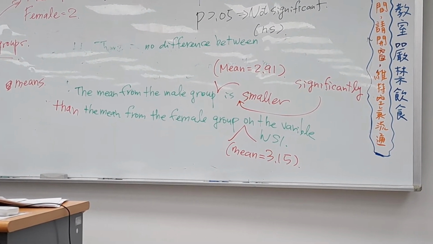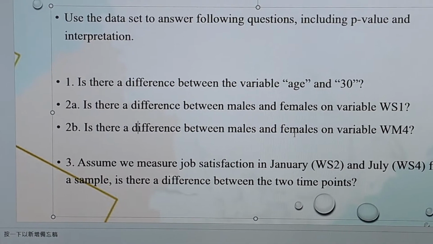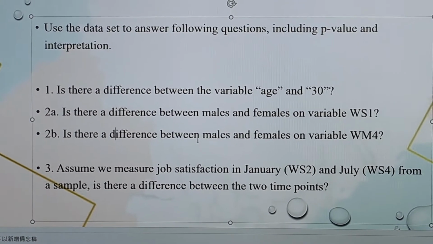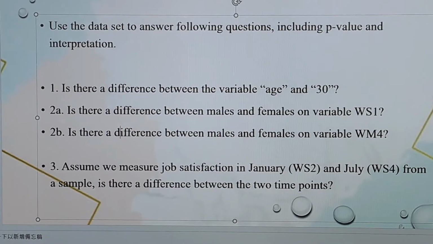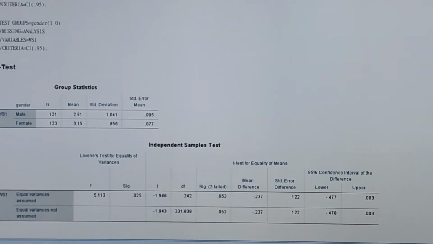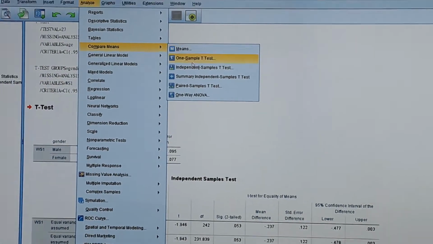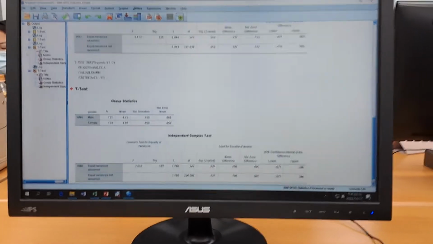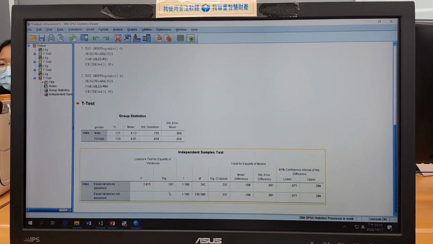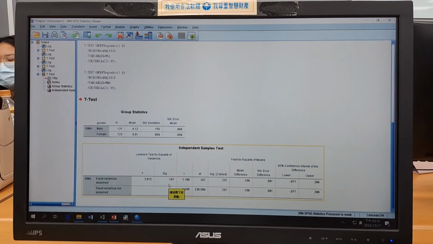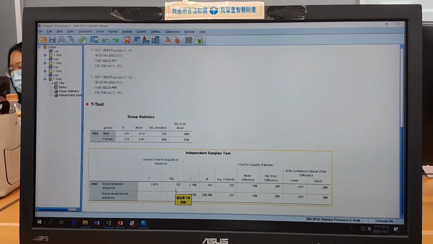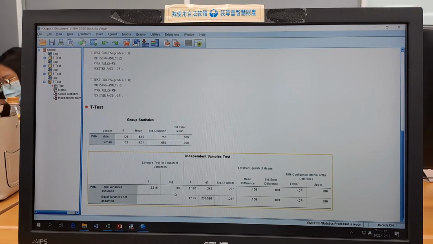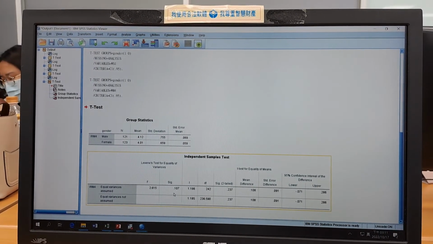When I see that, I know you are running a test. Again, we are comparing the mean scores between males and females on WM4. What is the result? First, we check the p-value from the test of equality of variances. Please tell me, significant or not?